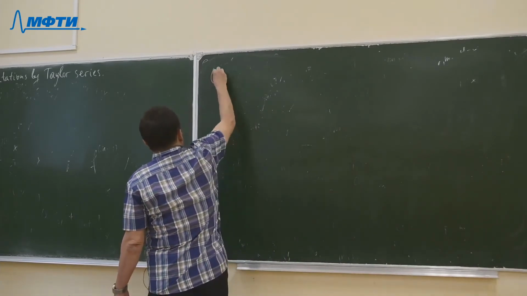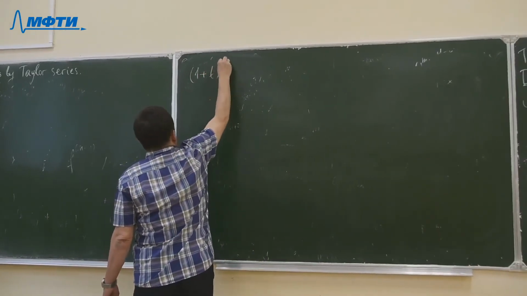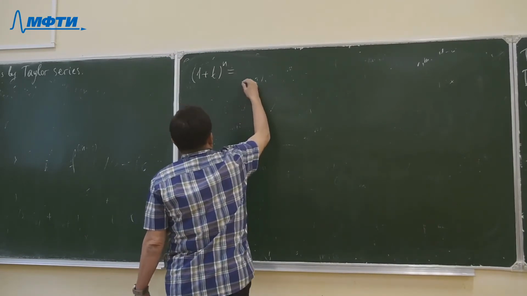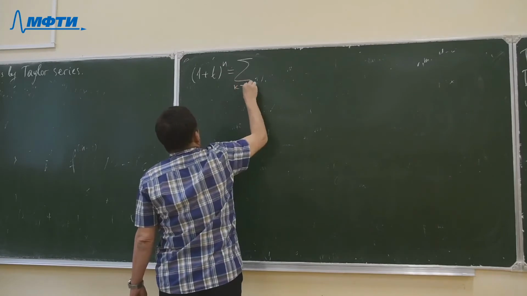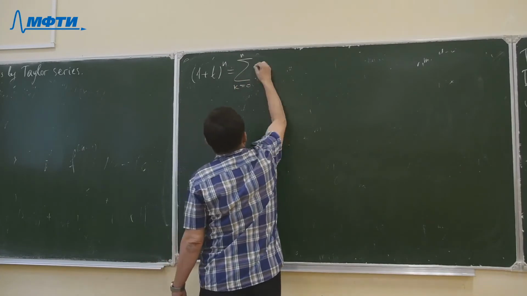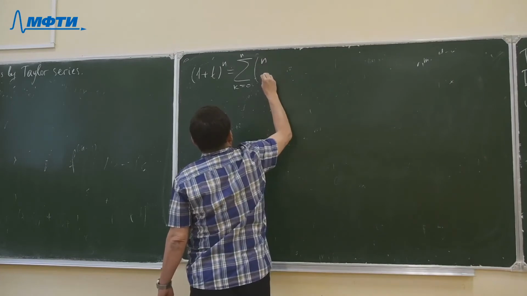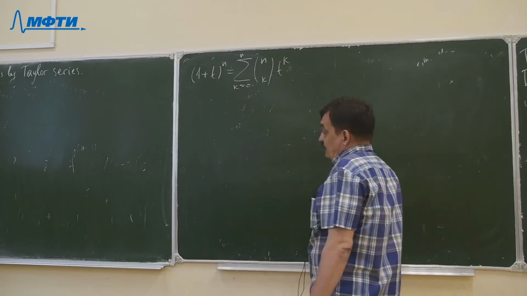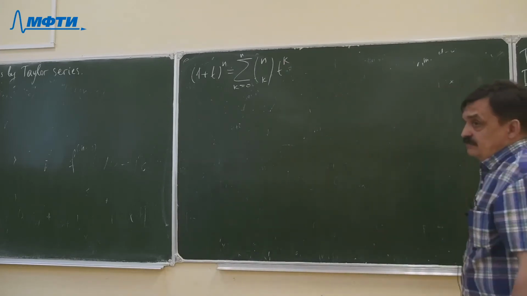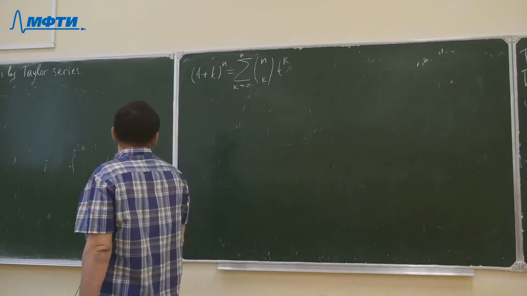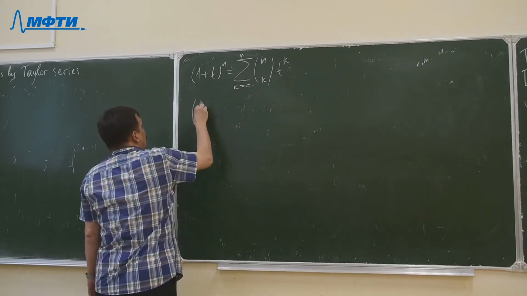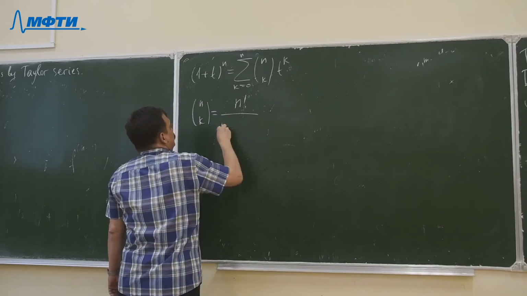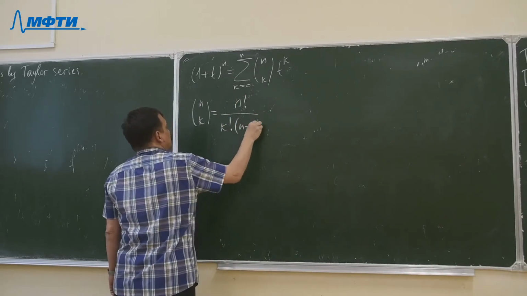It looks like (1 plus t) to the power n equals the sum over k from 0 up to n of n choose k times t to the power k. That is a particular case of the binomial formula, right? Where n choose k, the binomial coefficient, is given by n factorial over k factorial times n minus k factorial.